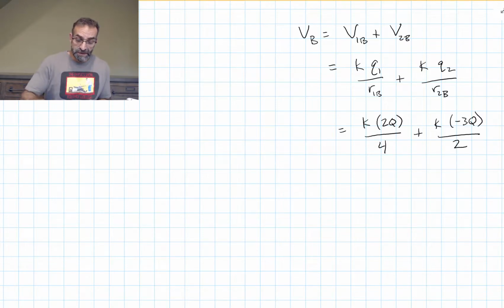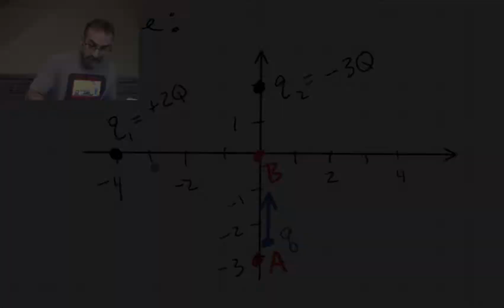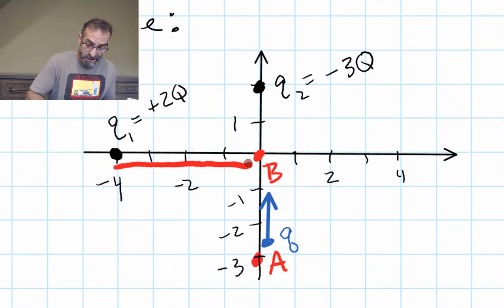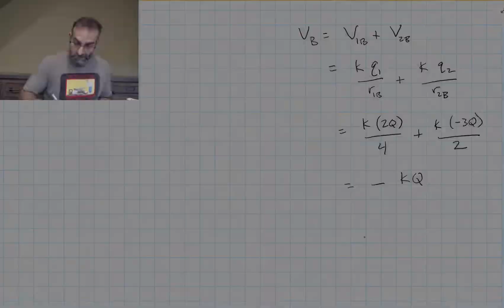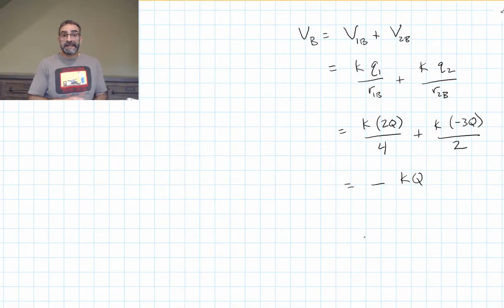The distance from 1 is 4 units. Let's call it meters. And the distance from 2 is 2 meters. I get negative KQ for my potential at point B.